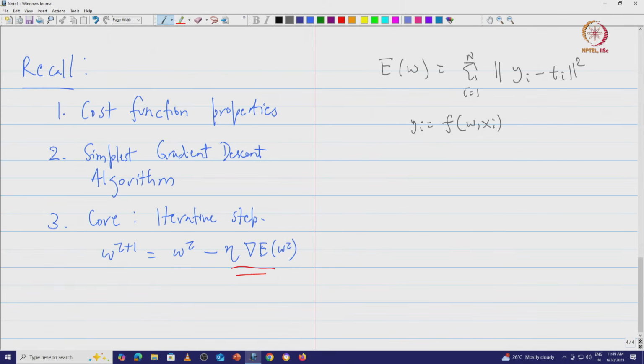So, this is what can potentially form a computational bottleneck, especially if you have huge amounts of data, and especially if you are working with complex hierarchical models like we mentioned in the last lecture, like the neural networks and so on and so forth. It is going to become extremely computationally intensive, not just for calculating E of omega, it is also going to become computationally expensive to calculate nabla E of omega or the gradient of E at omega.